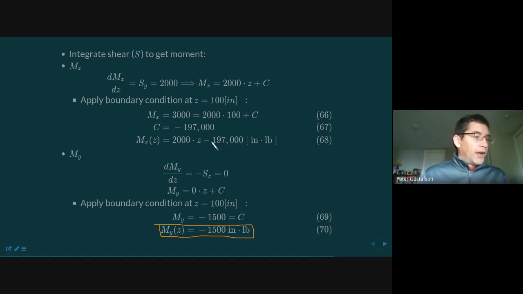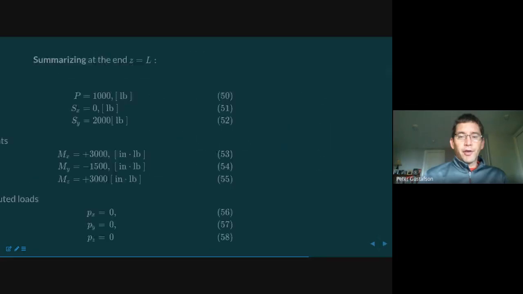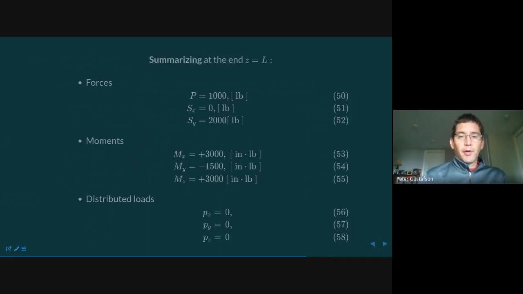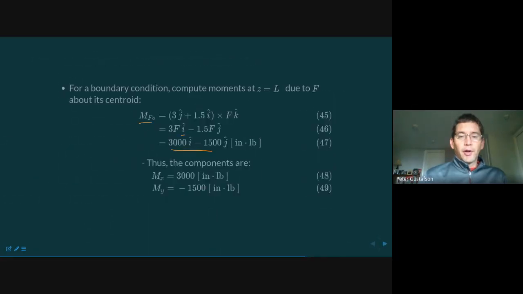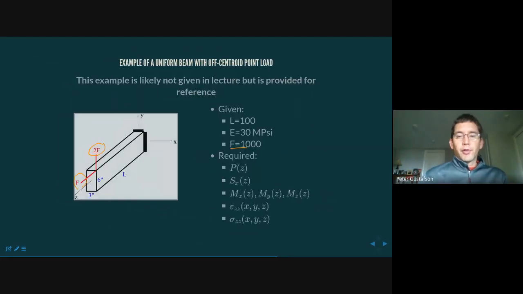So Nicole asks for the slide that says summarizing at the end. I'm confused where some of those numbers came from. So Nicole, they came from the very beginning of the definition of this problem. Let's see here. So basically what we're pulling from is here, where the force is equal to 1,000 pounds.